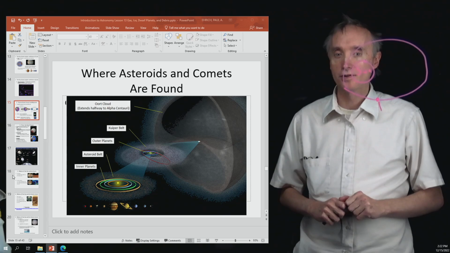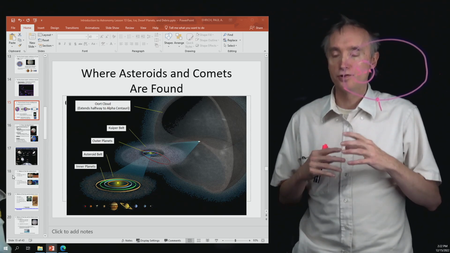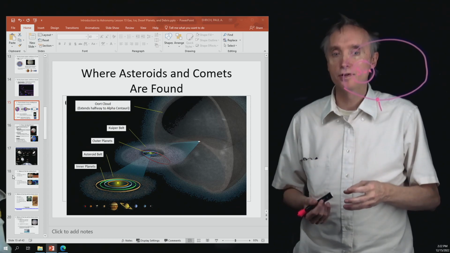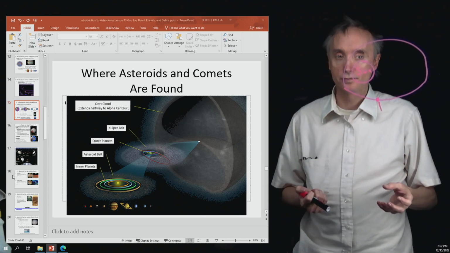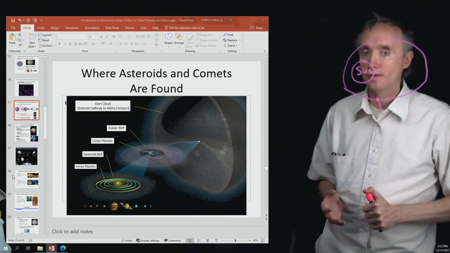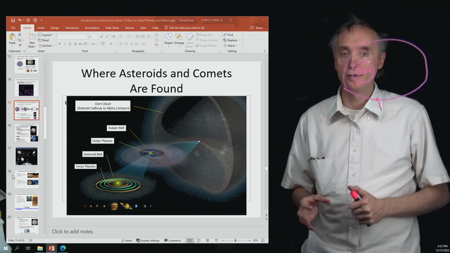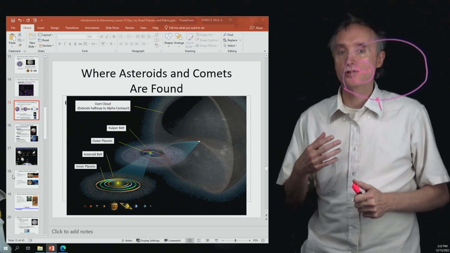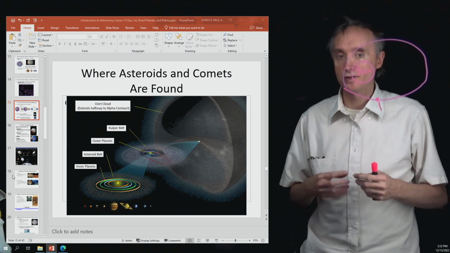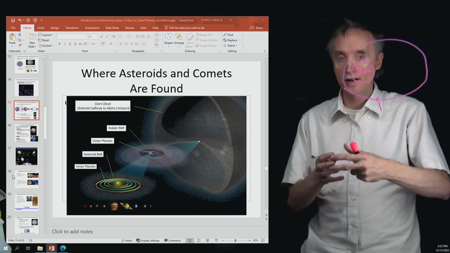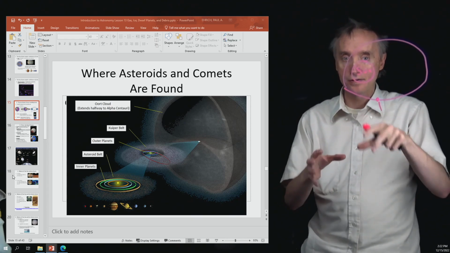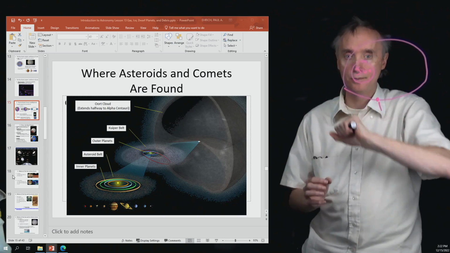Asteroids. It's a debris field in between the orbits of Mars and Jupiter. It's possible that there was a very small planet there, probably about the size of our moon, and it was torn apart due to the tug of war between the gravity of Jupiter and the gravity of the sun, and that debris made the asteroid belt.